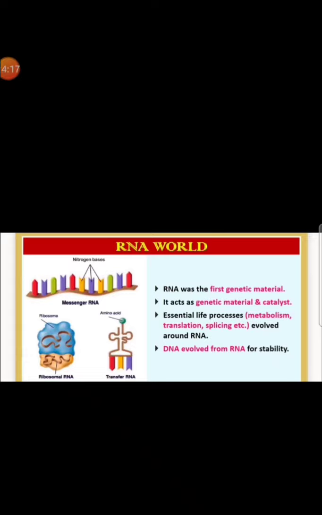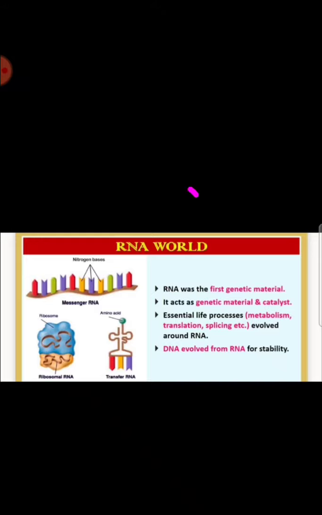Essential life processes like metabolism, translation, splicing, etc. are evolved around RNA. Splicing you will learn further, after protein synthesis. Whatever you are watching now in this slide, you will study completely in depth in the further slides.